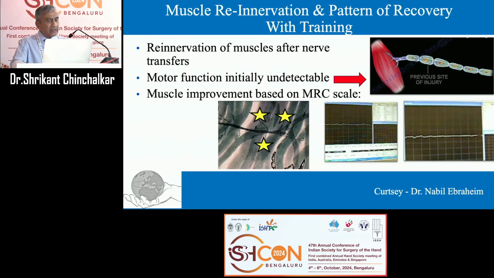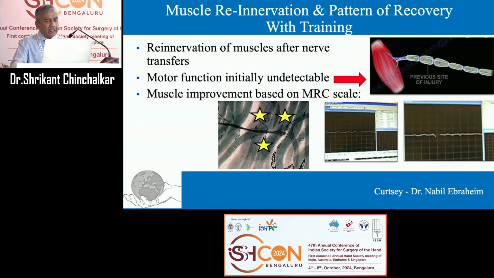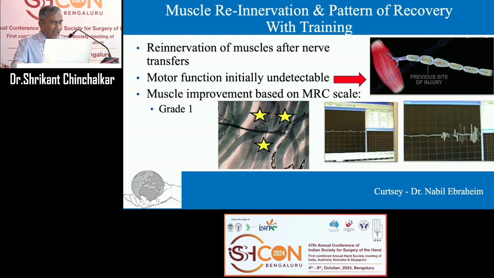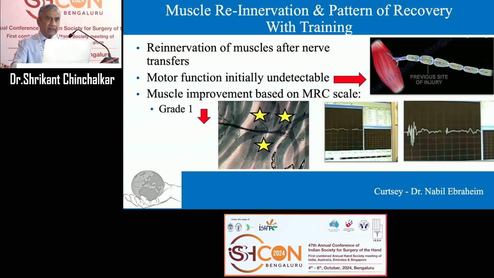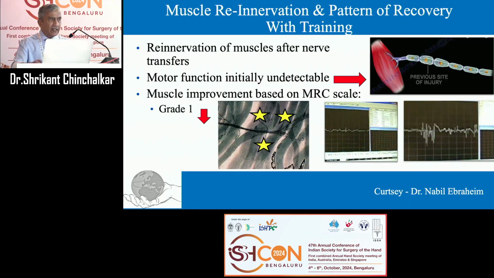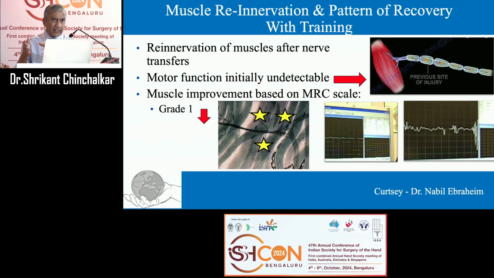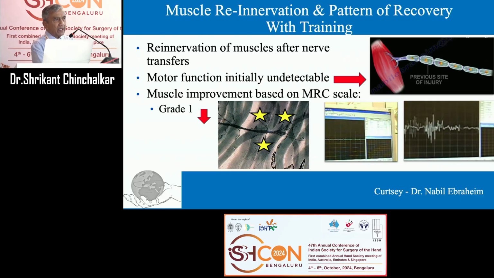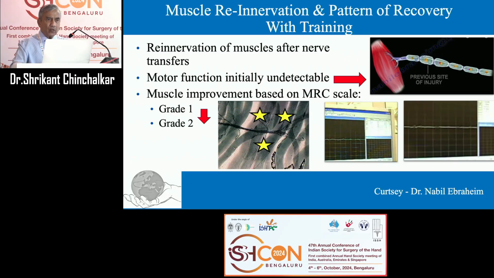So if you look at the muscle improvement, we know that it's based on the MRC scale. Grade 1 is when there's a flicker, and to strengthen these muscles from grade 1 and bring them to grade 2 is definitely a lot more challenging, not only for the therapist, but also for the patient.